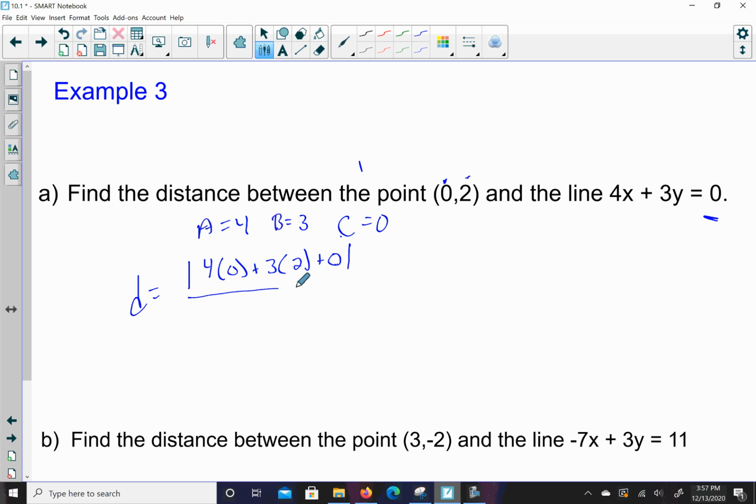I'm going to put that all over the square root of a squared plus b squared. So d is going to equal 6, and then this will be the square root of 16 plus 9, which is 25, so 6 over 5. So the distance is going to be 6/5.